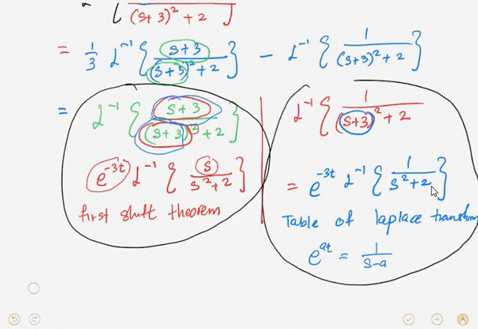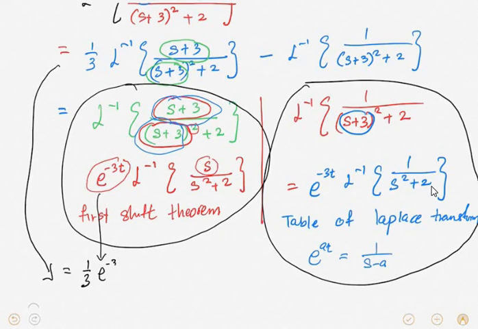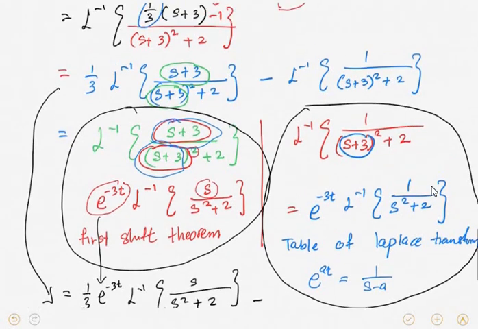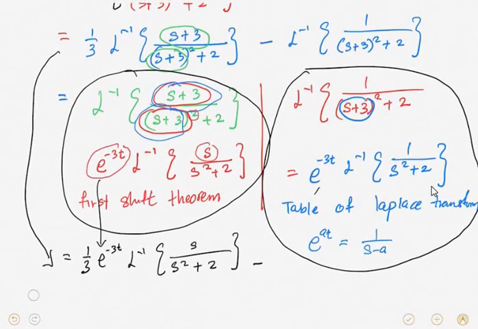Okay, now we jump from here. So as I mentioned to you, you remain the 1 over 3, and then this one will get exponent negative 3t inverse s over s squared plus 2, minus this one.